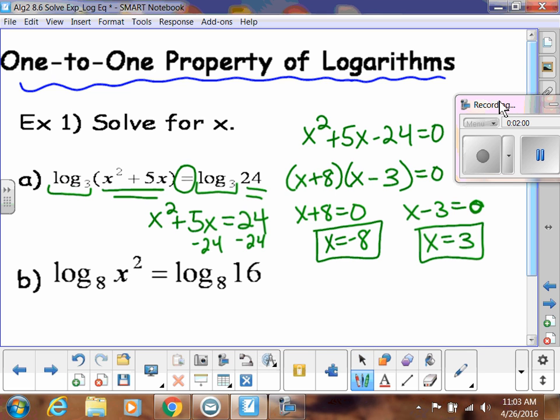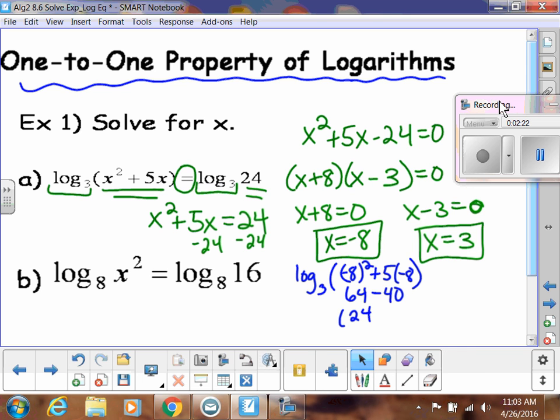So if I plugged in log base 3 of negative 8 squared plus 5 times negative 8, then this would give me 64, and this would give me minus 40. So yeah, that would be a log of 24. So that's okay. And then if I plug in 3, that would be okay. The only thing you have to really worry about are those negatives.